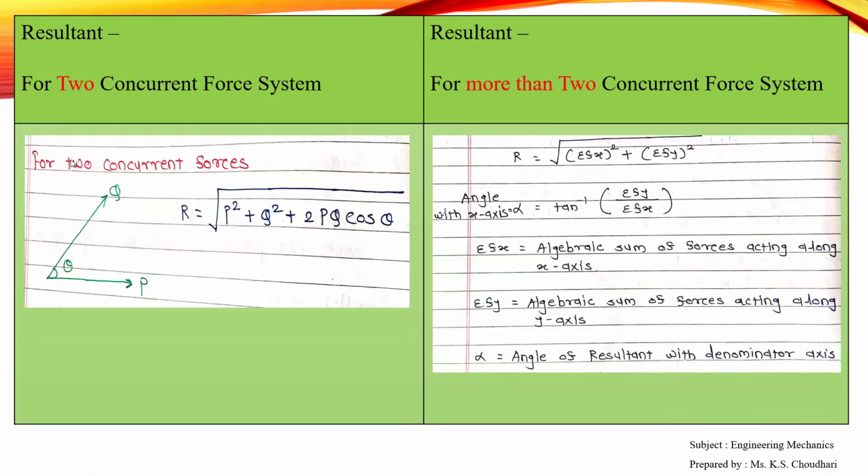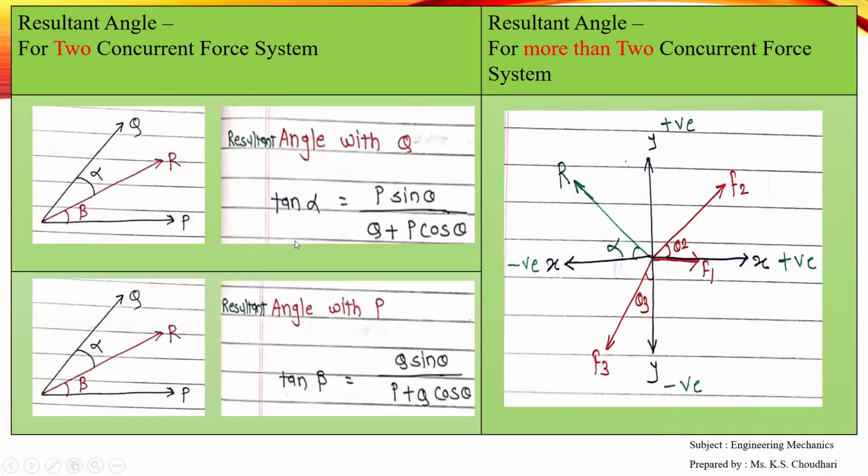Here again, I will explain it. Resultant for a two concurrent force system: the resultant formula is under root P square plus Q square plus 2PQ cos theta. And if we want to find out the position of it, according to the forces, the formula changes.